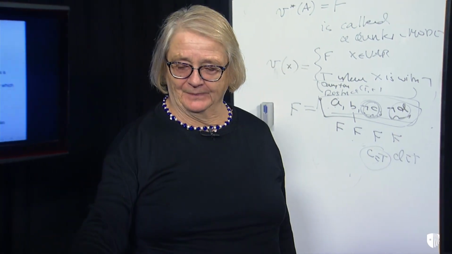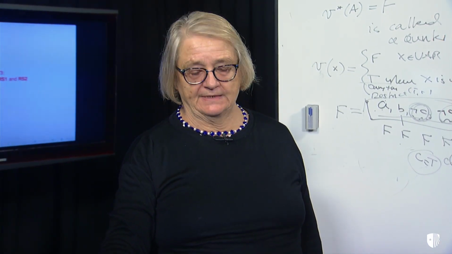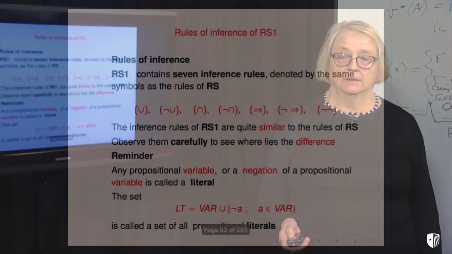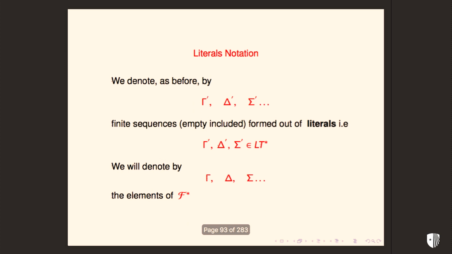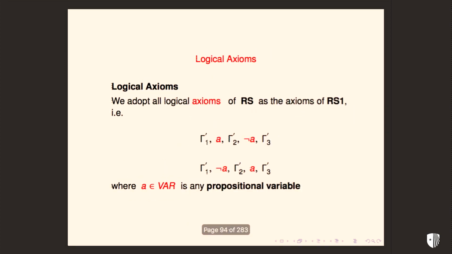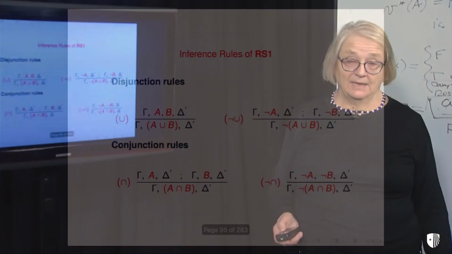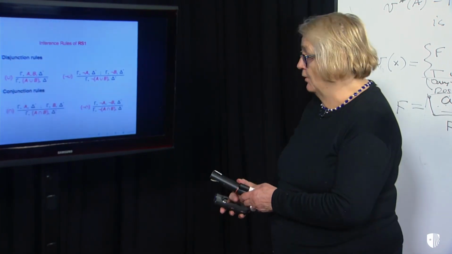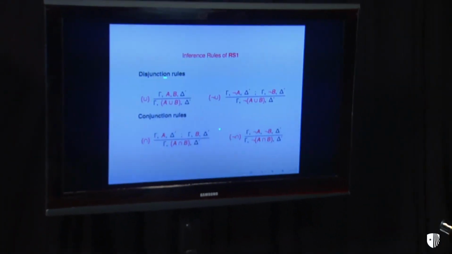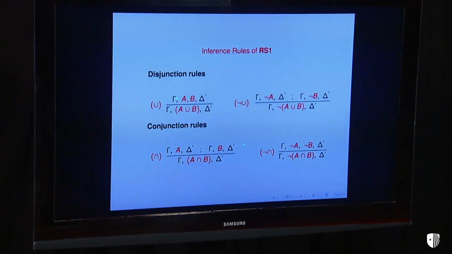Now, there are some variations on the system RS, and I just want to, we change the rules a little bit. It means, for example, now what you do, you keep the same axioms, but now what you do, you put prime not here, not gamma prime.